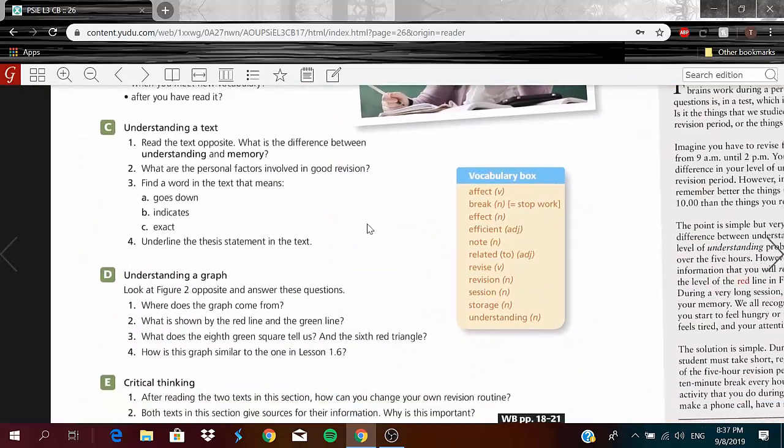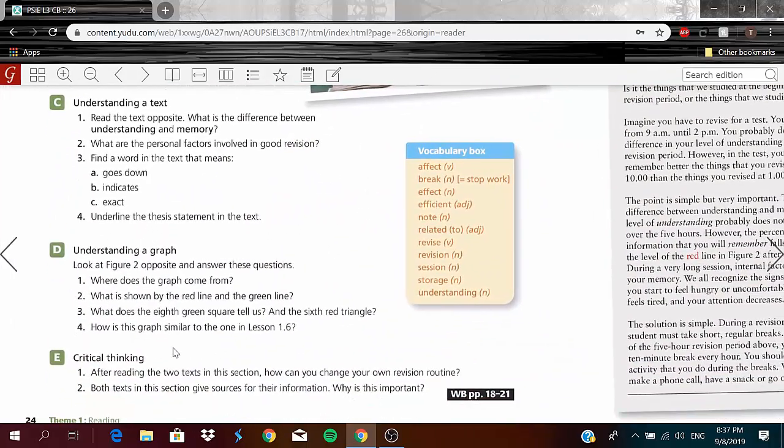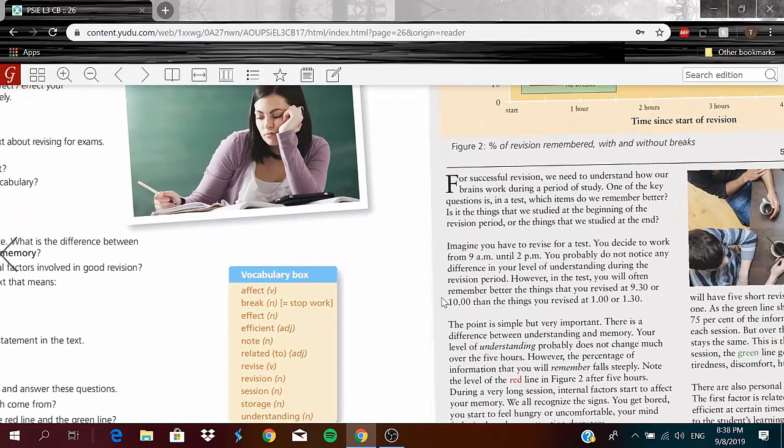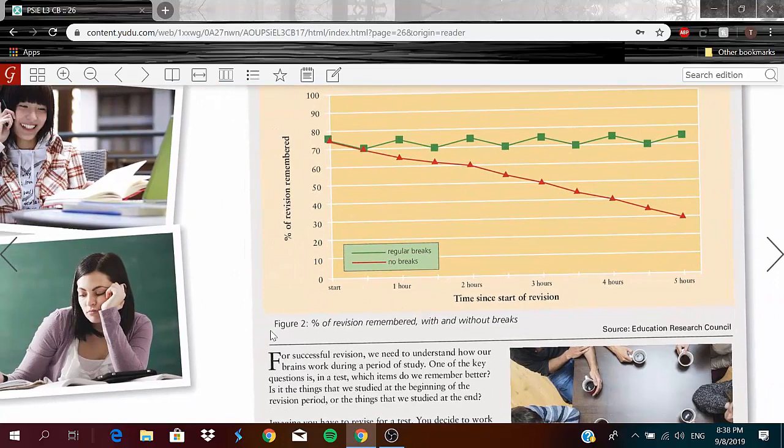What else do we have? Oh, how is this graph similar to the one in lesson 1.6? Okay, so I don't really remember it that much, but you guys can always go back. I think the graph is similar to figure 1 in lesson 1.6, and both graphs show a percentage. Let me take a look. Yeah, they do. They show a percentage of information remembered against time.